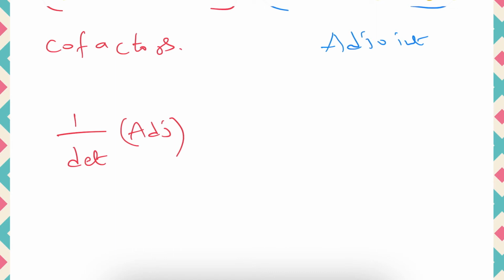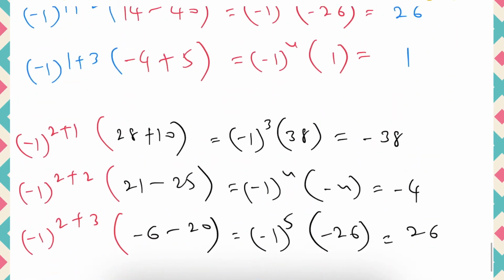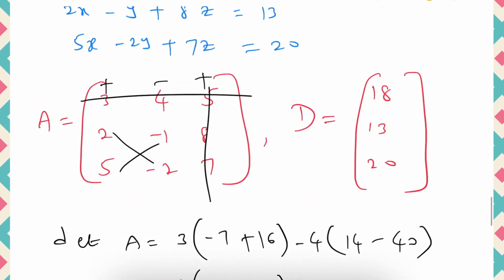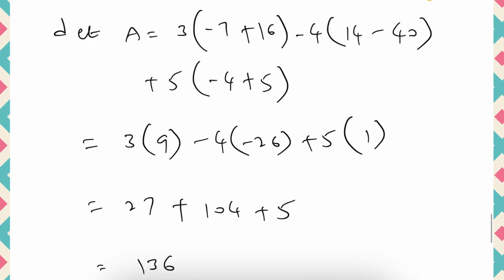If we multiply these two, we will get the inverse. But we want x, y, z values, right? So that's why this total value again we need to multiply with matrix D, which is nothing but the matrix we got based on the constants, right? Let me go with that again. This one, 18, 13 and 20. That matrix we need to write.